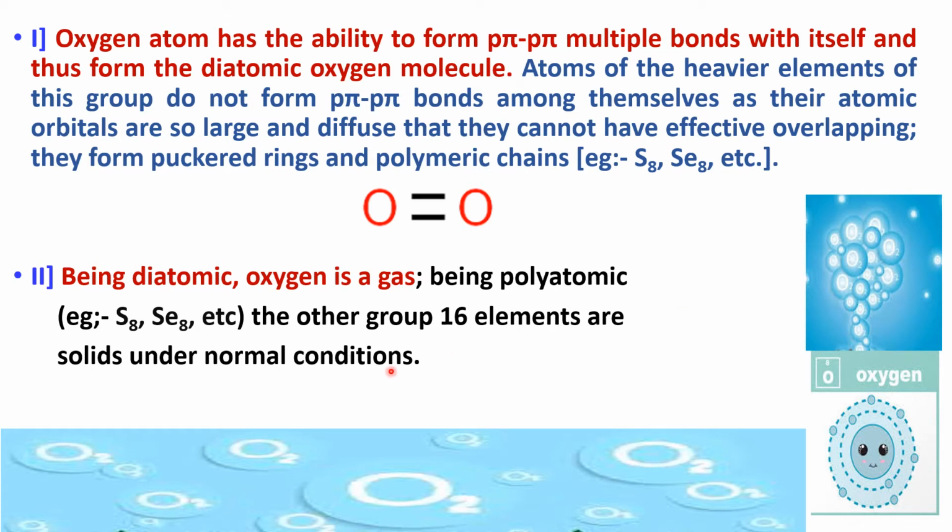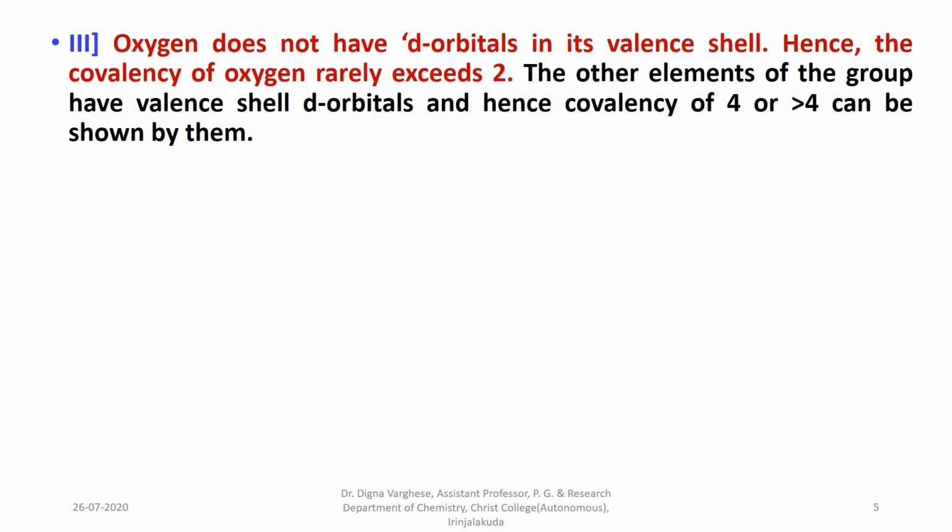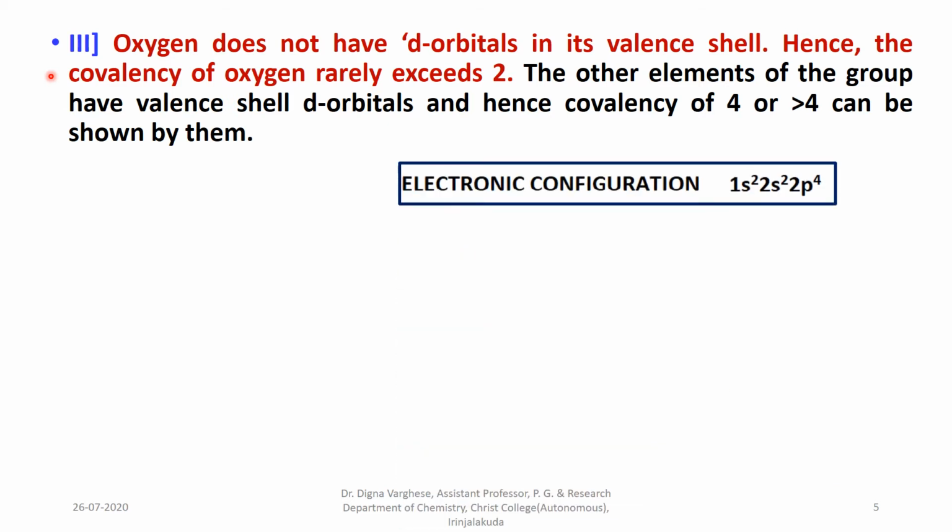Oxygen is diatomic and exists in gaseous state. Oxygen does not have d orbitals in its valence shell. We know the atomic number of oxygen is 8 and its electronic configuration is 1s2, 2s2, 2p4, and it has no valence shell d orbitals.